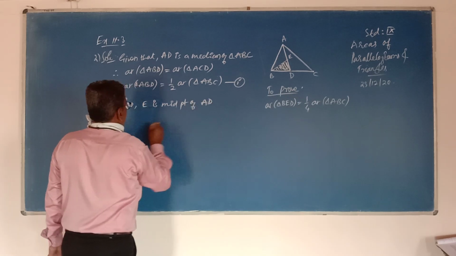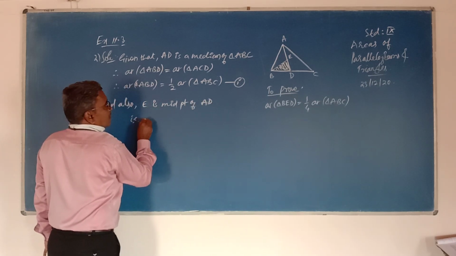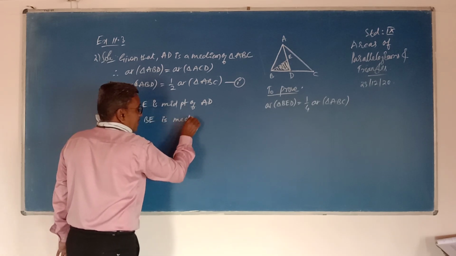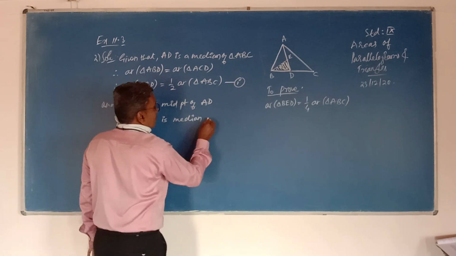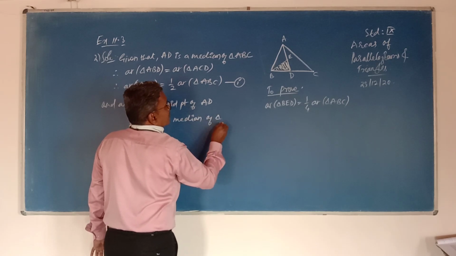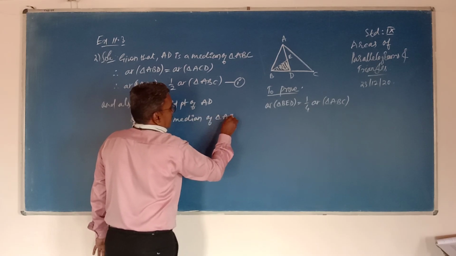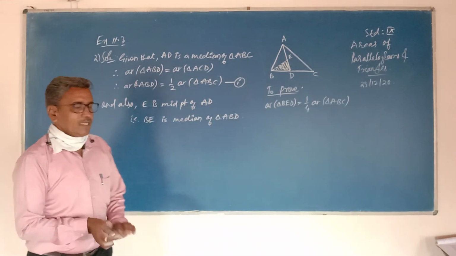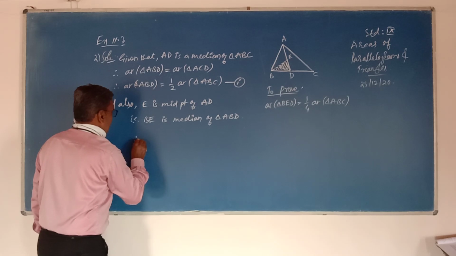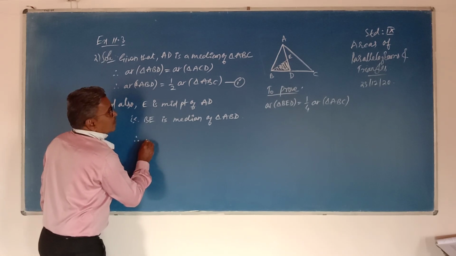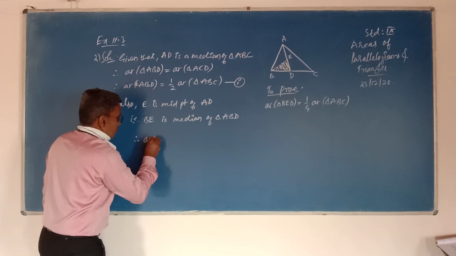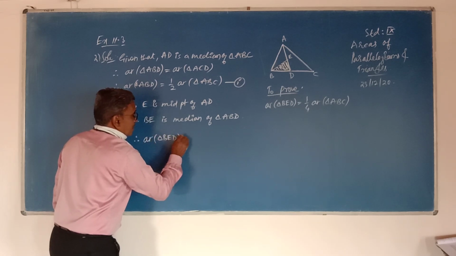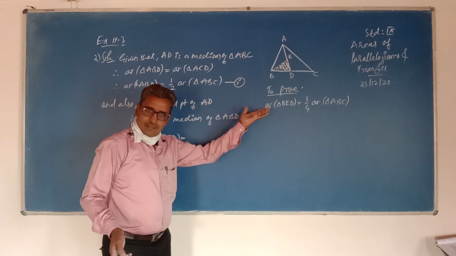Therefore, area of triangle ABE is equal to area of triangle EBD.